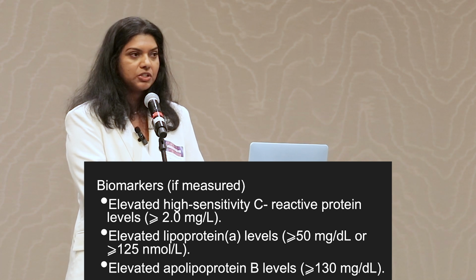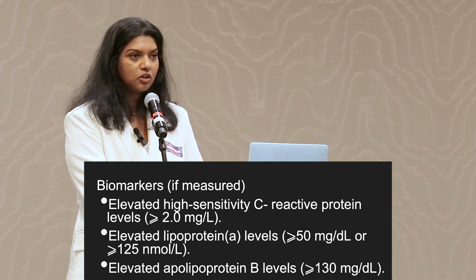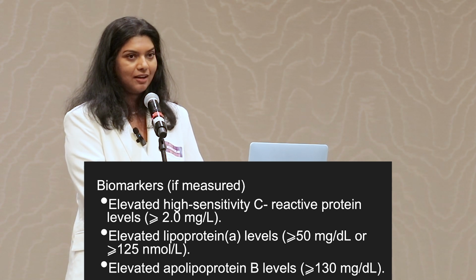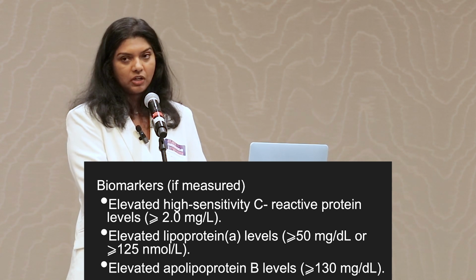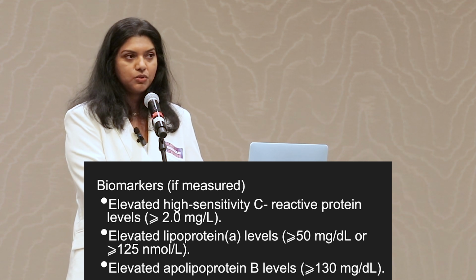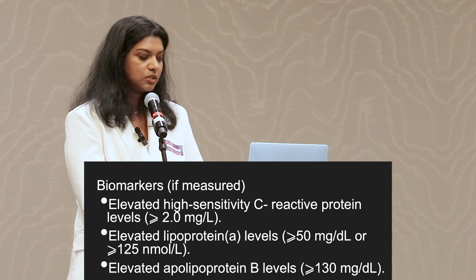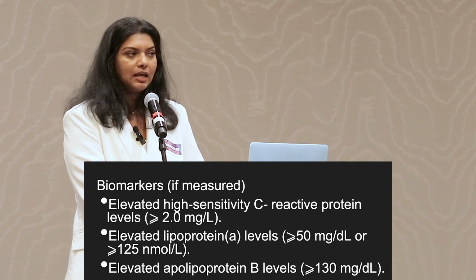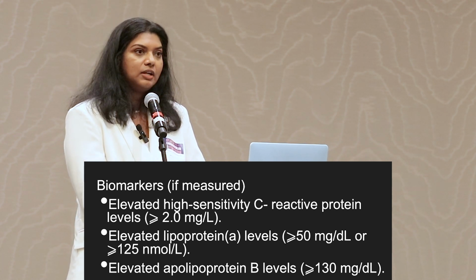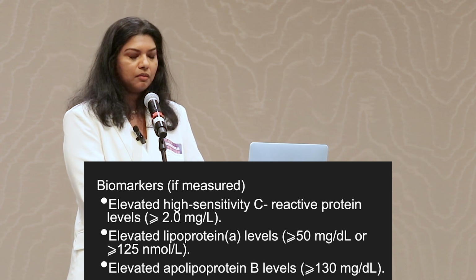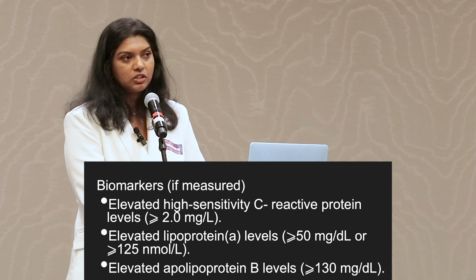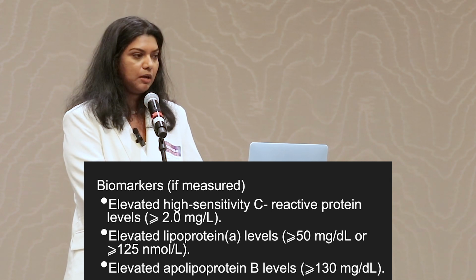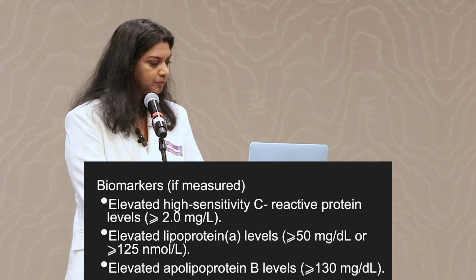Lipoprotein A is probably the most nefarious one because there's not really a targeted treatment for lipoprotein A. And lipoprotein A is implicated not only in heart disease, but, as Dr. Al-Sakir just mentioned, aortic stenosis, with people progressing to aortic stenosis sooner if they have elevated lipoprotein A. ApoB can also be a genetic modifier, but diet, exercise, and lifestyle prevention can go a long way to control this without medication. So that's a way to differentiate between ApoB and lipoprotein A.